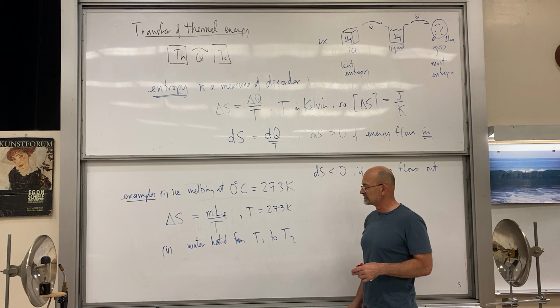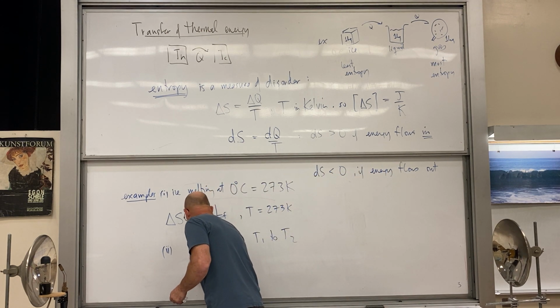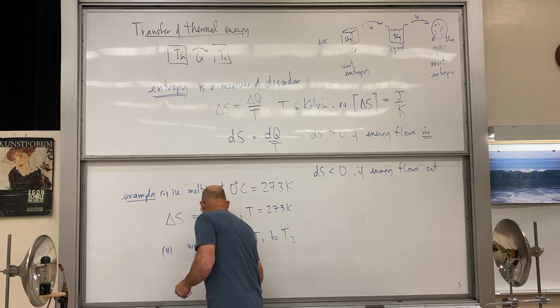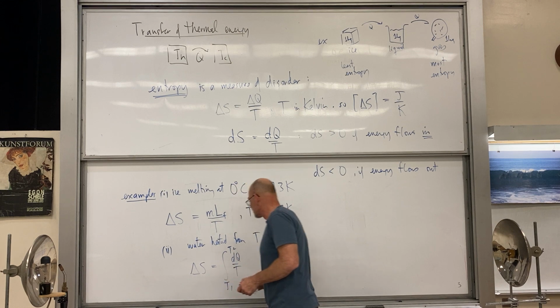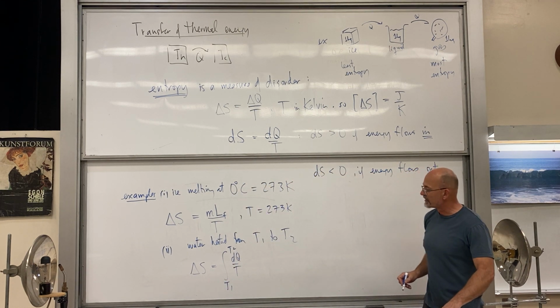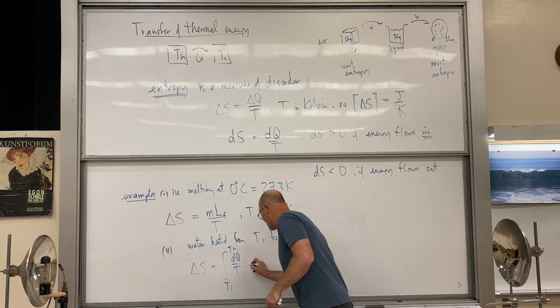So no vaporization involved. Then the delta S would be the integral of dQ over T from T1 to T2, okay? Integral, of course, is just the summation of all of these expressions, but we have an expression for that.